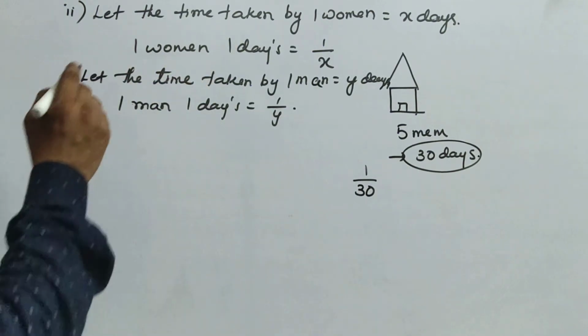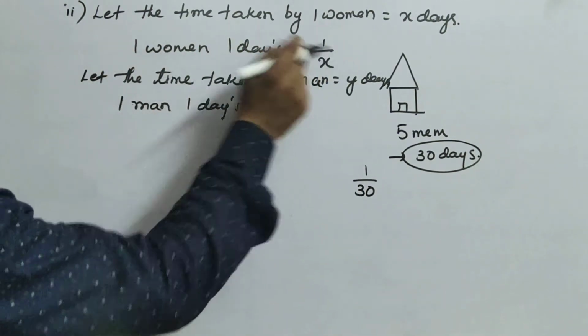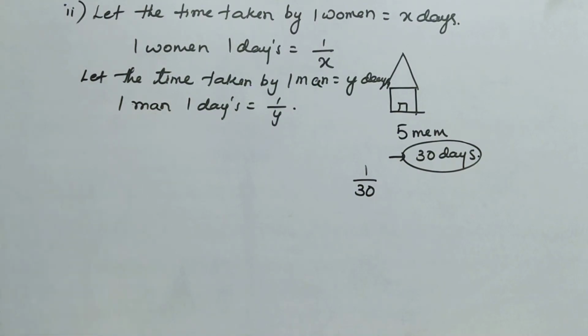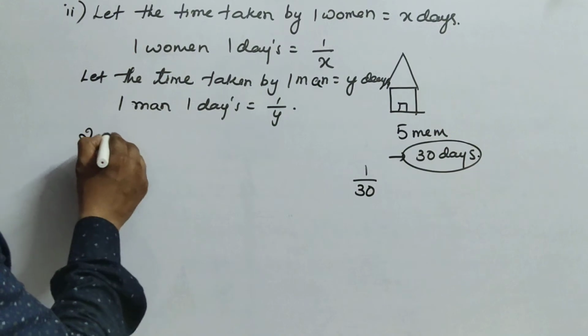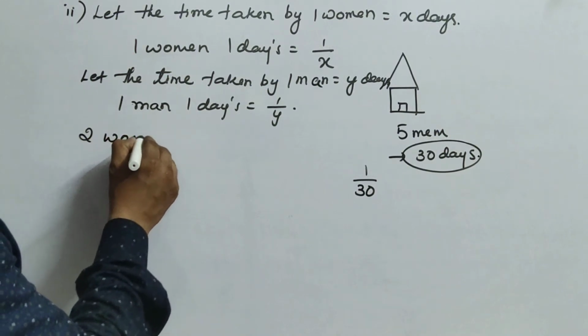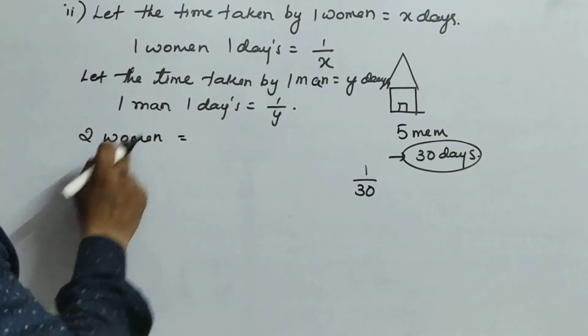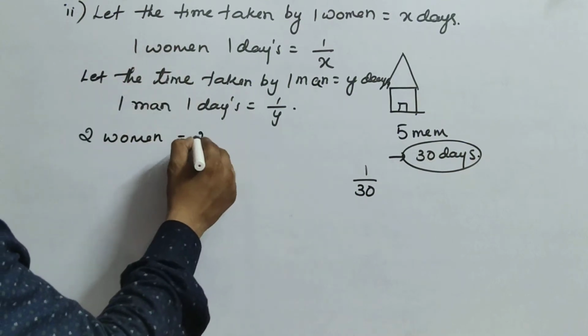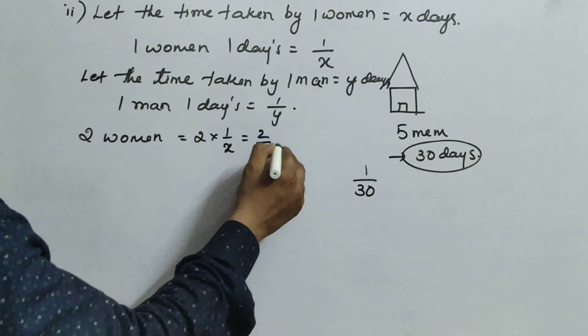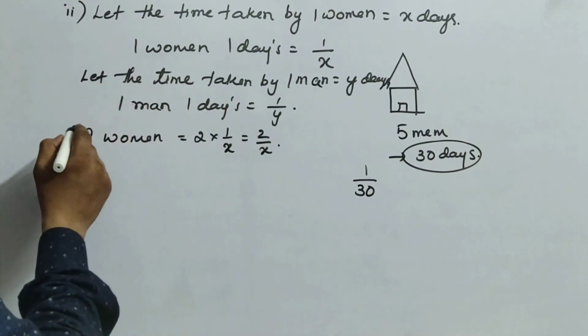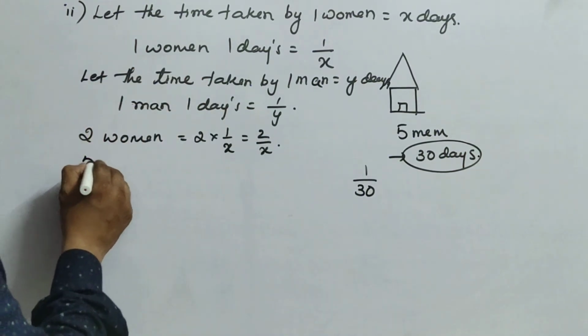Okay, 1 woman's 1 day work is 1 by x. Then the first condition is 2 women. Simply I am writing 2 women's 1 day work. That means 2 into 1 by x, that is 2 by x. Next, how many men? 5 men.